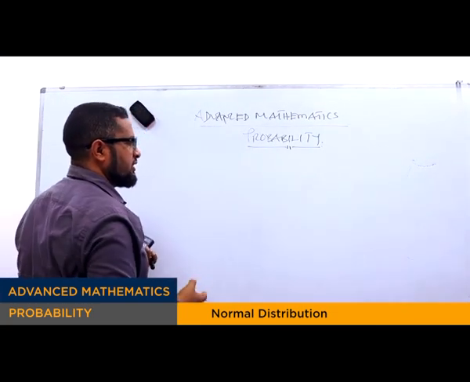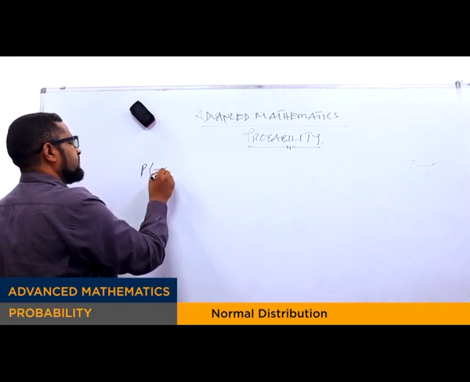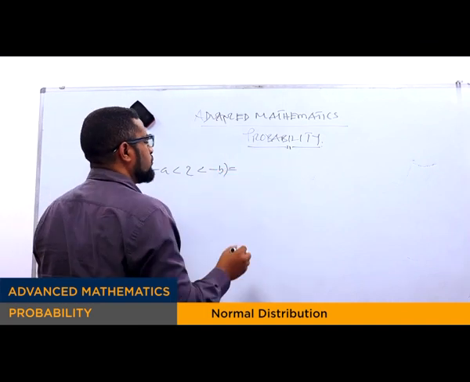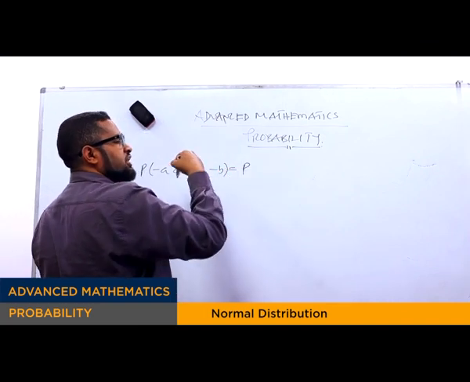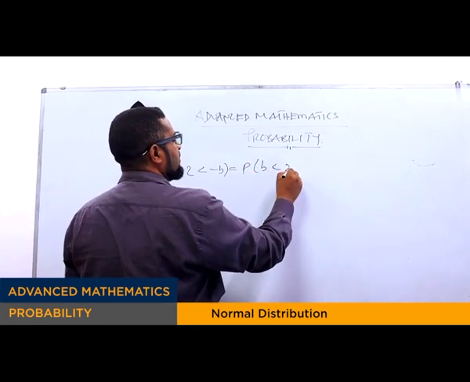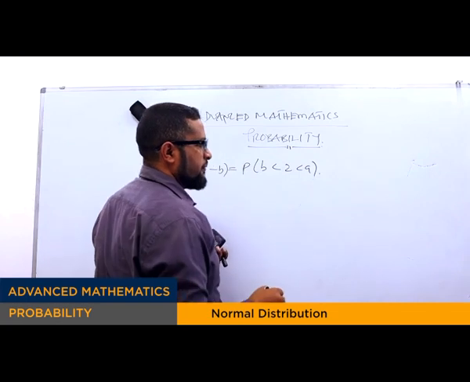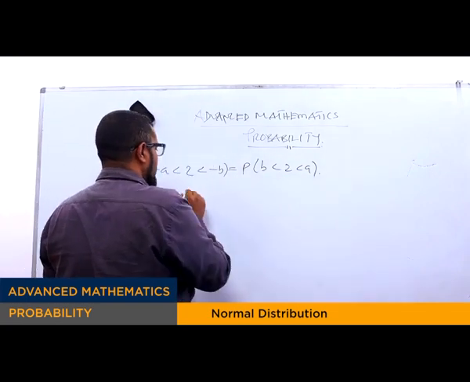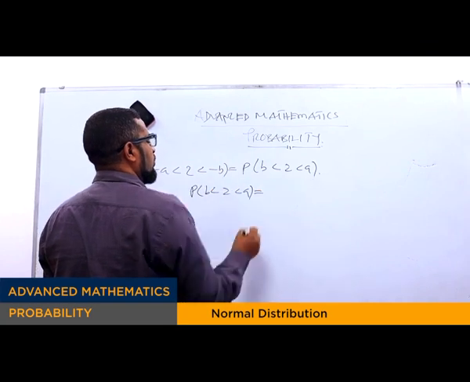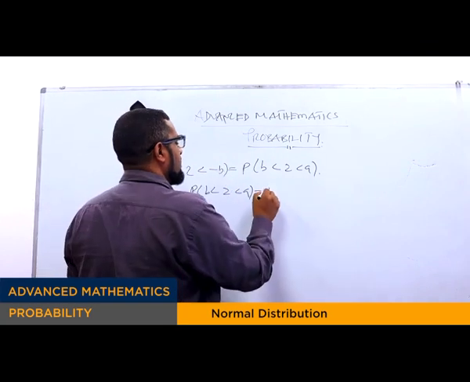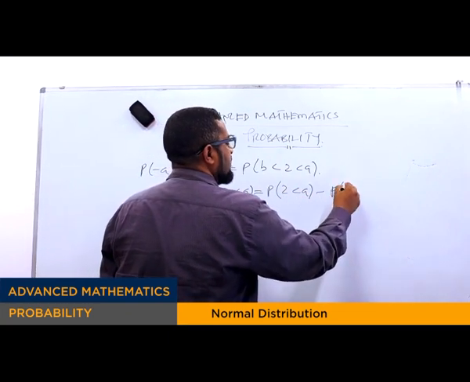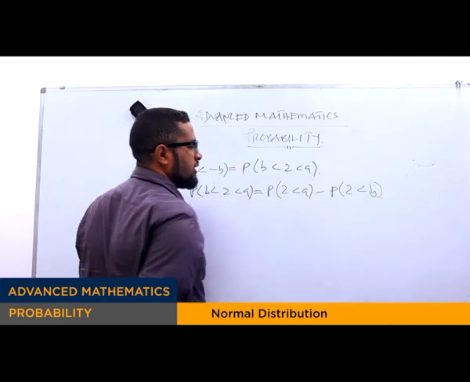So for that case, it is the same as writing z less than negative b, now changing by using the symmetrical property, it will be b less than z less than a, in which probability of b less than z less than a is obtained by taking probability of z less than a minus probability of z less than b.